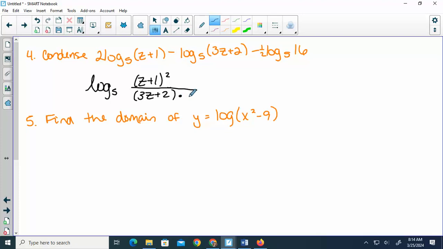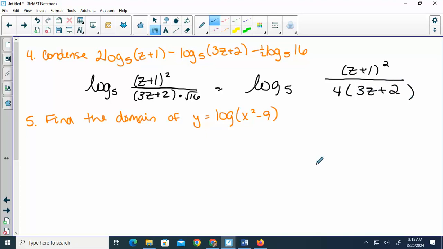A 1/2 would be what? Square root of 16. What is the square root of 16? Just the positive, because it doesn't have a plus or minus in front. And that would be our final answer.